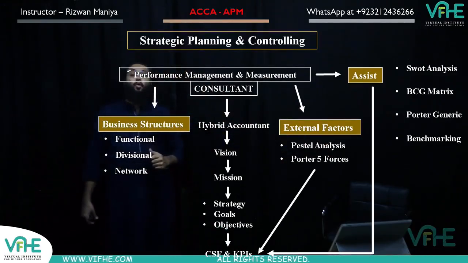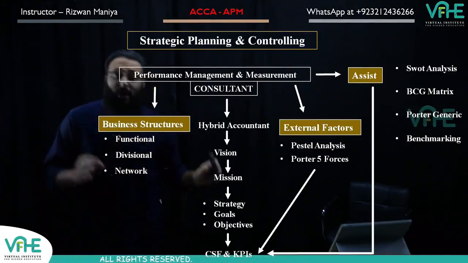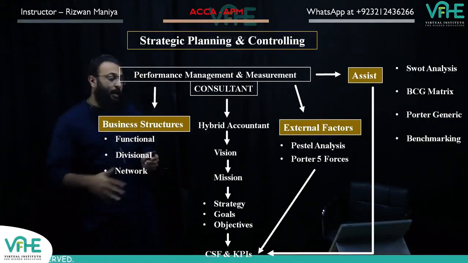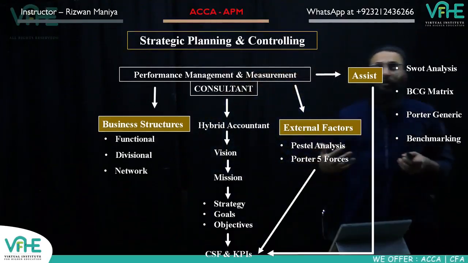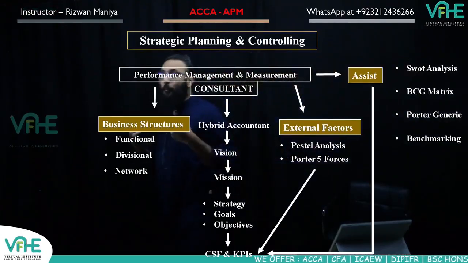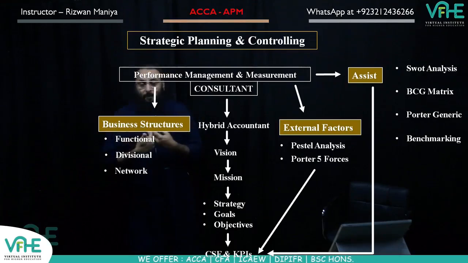Similarly, you need to also manage and measure the performance of your strategic partners, like your suppliers, like people who are working with you, like your distribution company. So you have to monitor their performance as well. Again, you need to have an integrated information system.